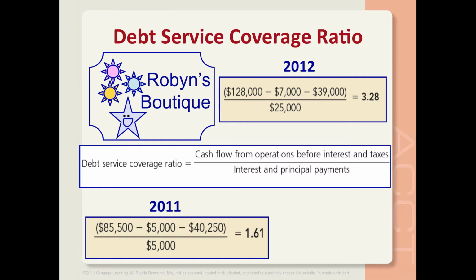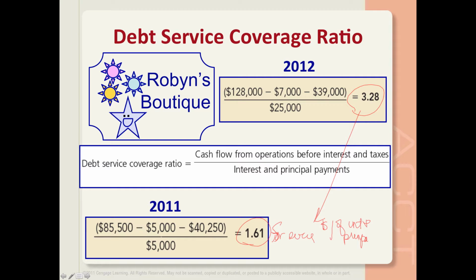These ratios for Robin show us that in 2011 they generated $1.61 for every $1 of interest and principal paid, and $3.28 for every $1 of principal paid in the current year.